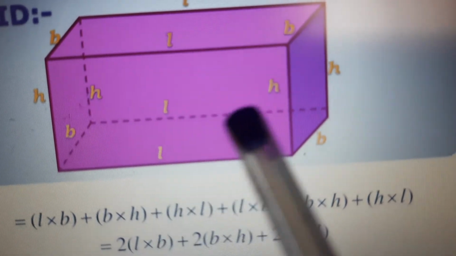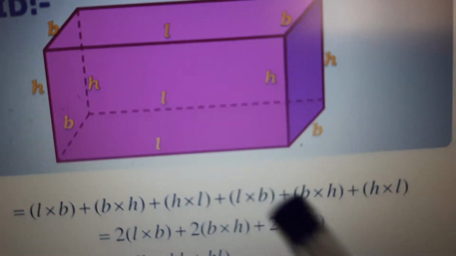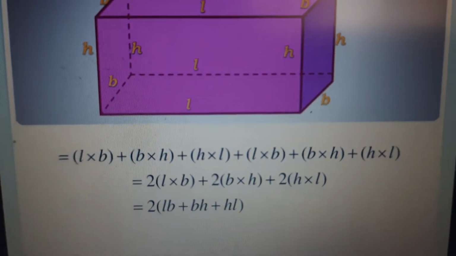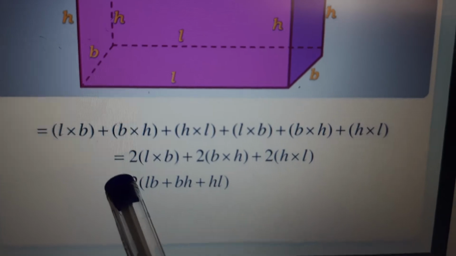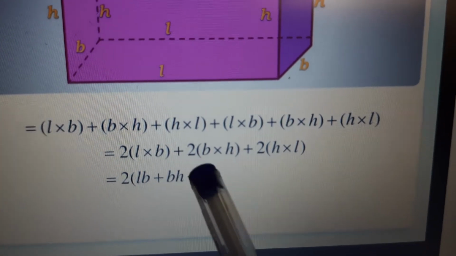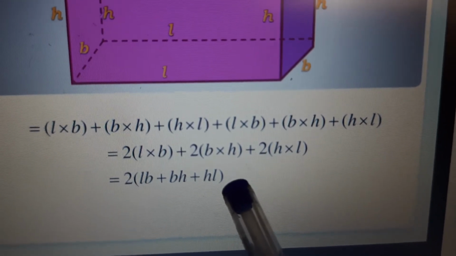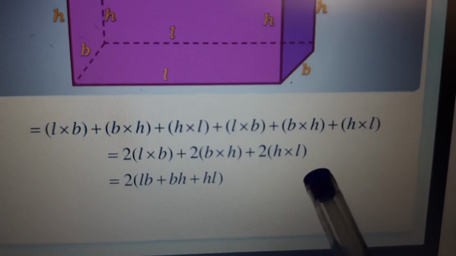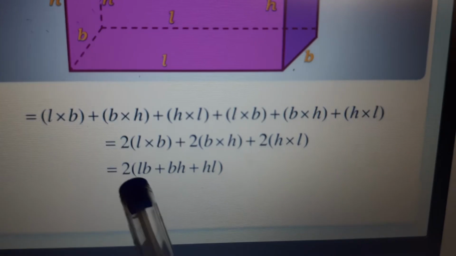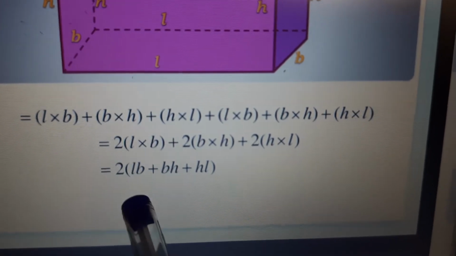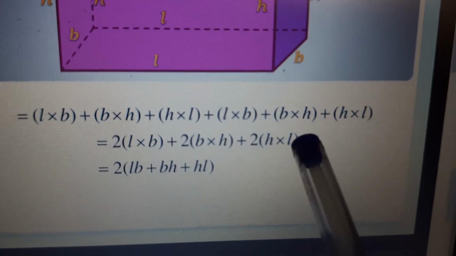Length into height. So one more length into height this side. So this way we have 2, 2. That is why we can put all of them under common 2 L into B plus 2 B into H plus 2 H into L. Correct? And then again we can put them in the common bracket. 2 is outside. L into B plus B into H plus H into L.